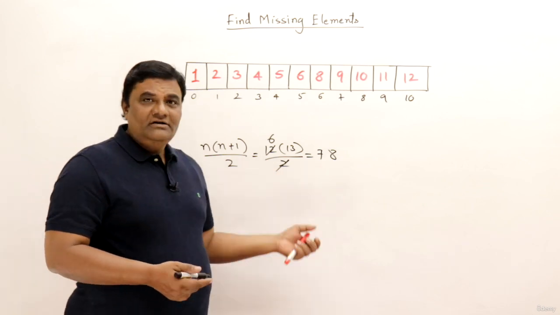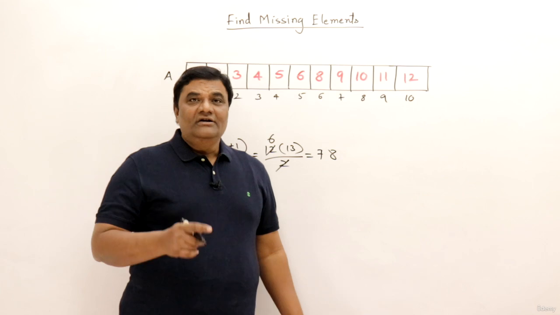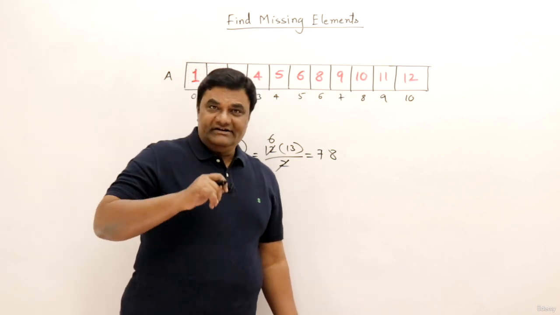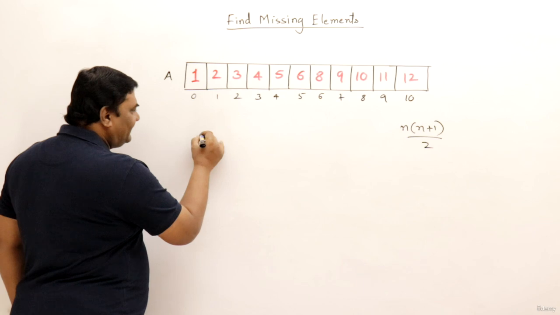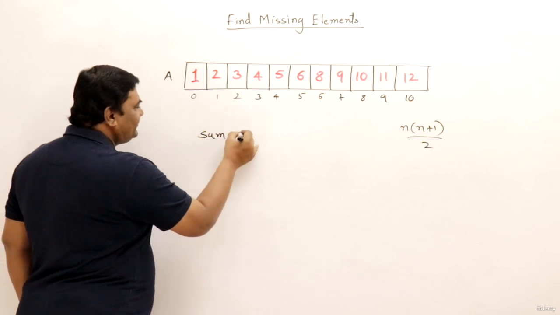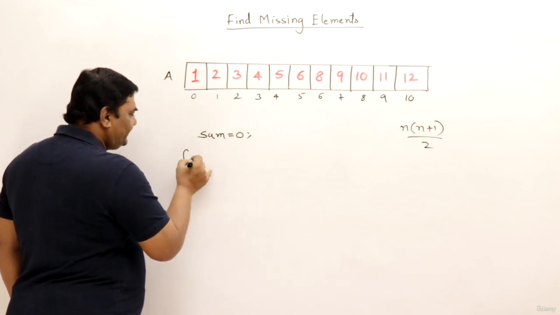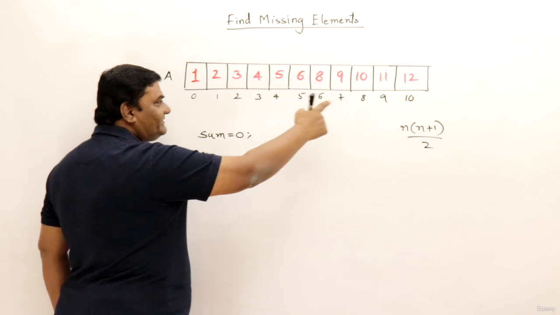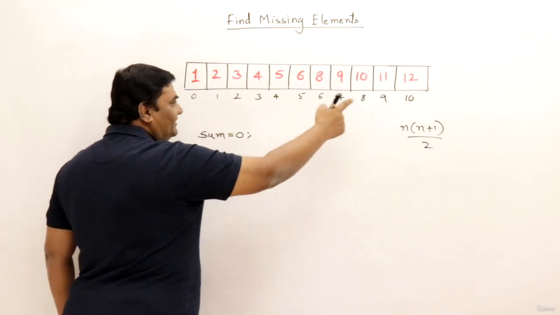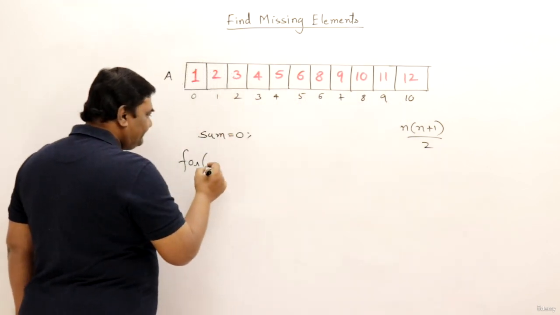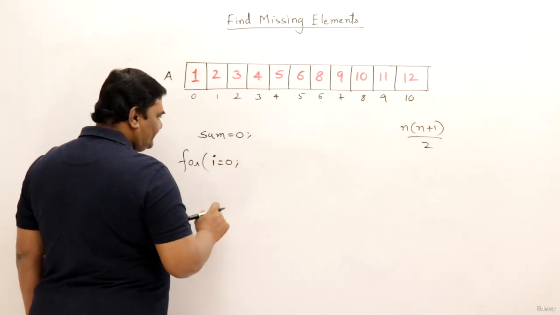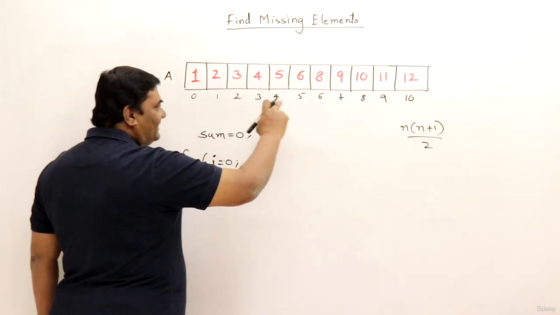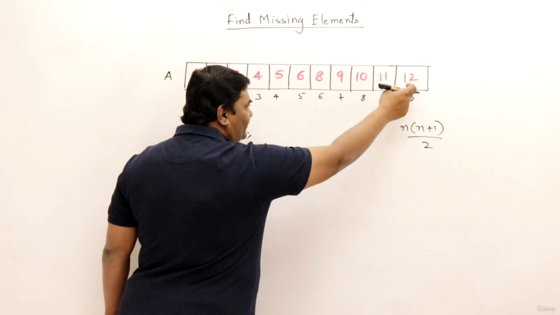So let me write down a piece of program code for doing it iteratively. For finding the sum of all the elements, I'll take one variable, that is sum, and initially it is 0. Then using a for loop, I can scan through this array from the first to the last index, that is 10. So for i assigned 0, i is starting from 0 onwards, and I should stop at 10.